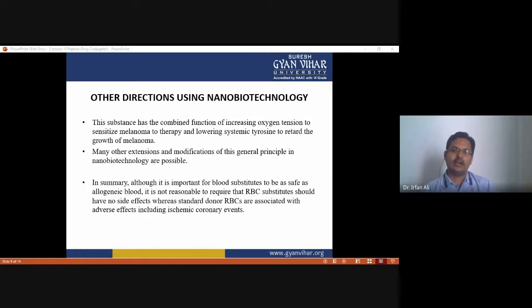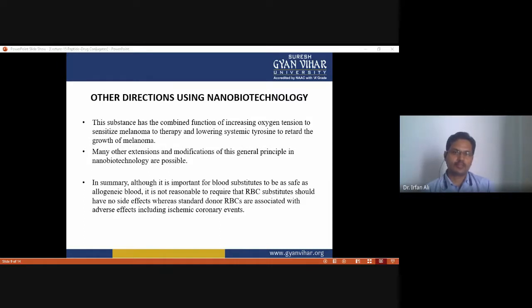The third one we discussed in this lecture is stroma-free hemoglobin. The next one is the polyhemoglobin-fibrinogen complex, which is also used as a blood substitute.